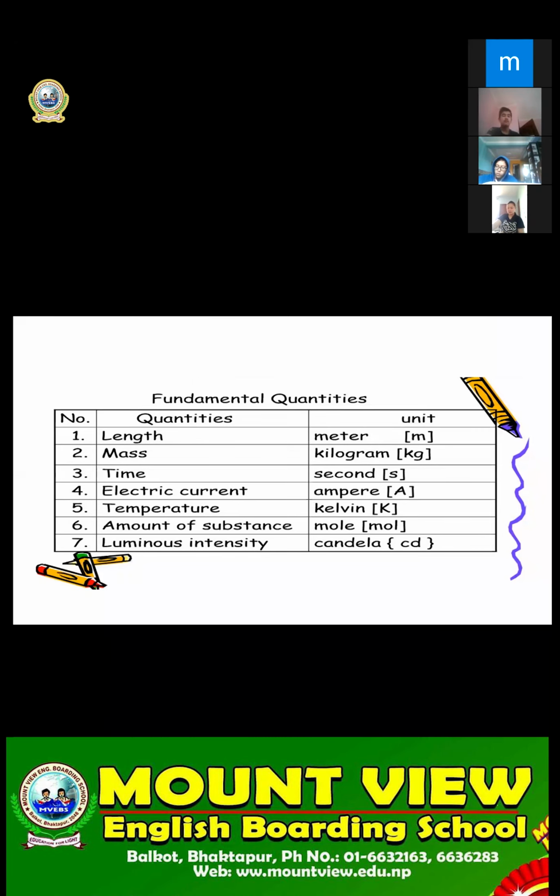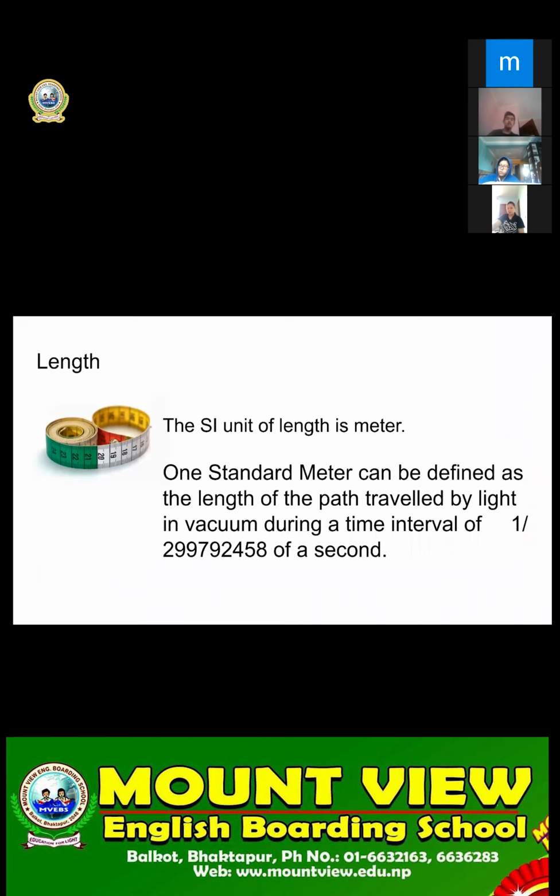Let me go to another slide. So now this is the beginning of today's class. The first fundamental quantity and its unit that we are going to read today is length. In the previous class, we came to know what is meant by length. Simply, length is defined as the distance between any 2 points.